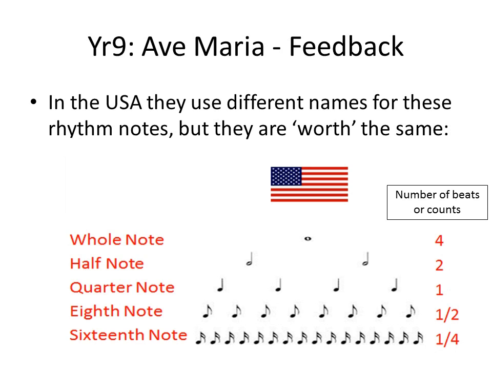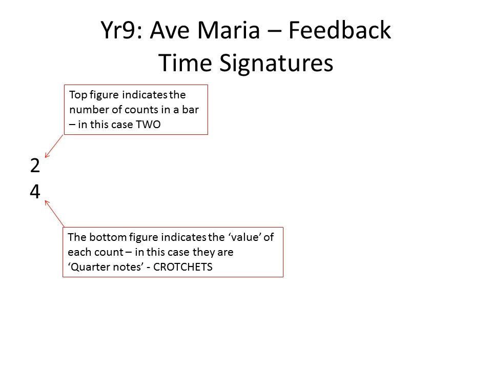Now if you think about it, this is fairly logical, because a minim worth 2 is half of a whole note, which is worth 4, so that's why it's called a half note. A crotchet is worth 1 count. That is a quarter of a whole note, and so on and so on. Now, if you understand that, then you're halfway to understanding time signatures.